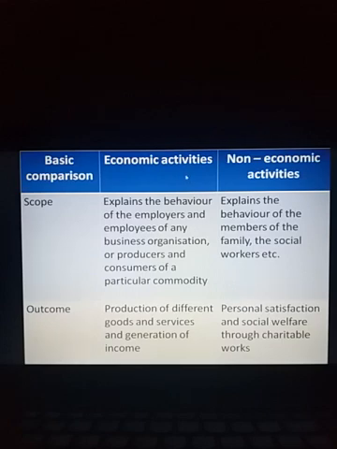That means economic activity mainly includes the behavior and the relationship that exists between owners and workers, producers and consumers of a particular commodity.